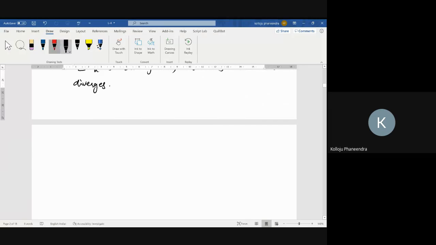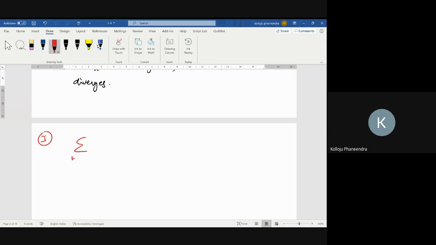And the next problem. Let me take sigma n is 1 to infinity, under root, 3 power n minus 1 by 2 power n plus 1.